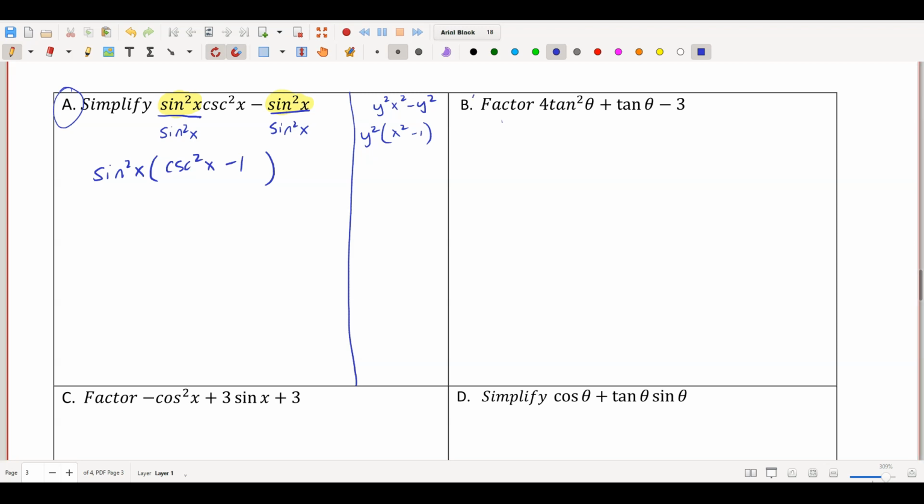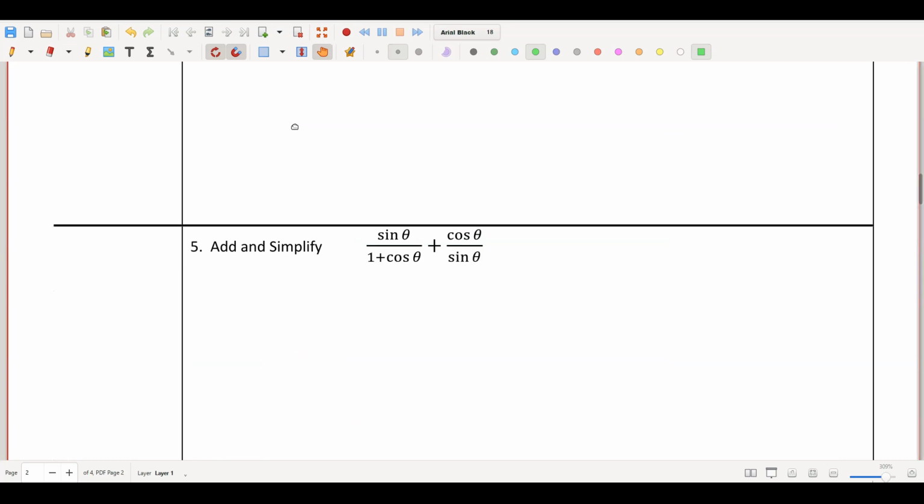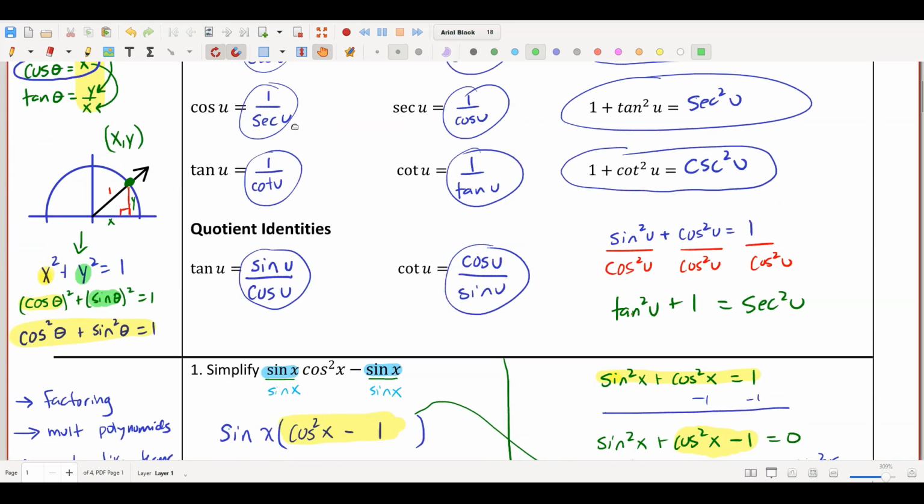Again, we have the situation of, okay, I did that. Did that help me at all? Whenever I have a sine squared, cosecant squared plus or minus something, it might be a puzzle piece that we have. Cosecant squared minus 1. So I'm going to go back up to my identities.